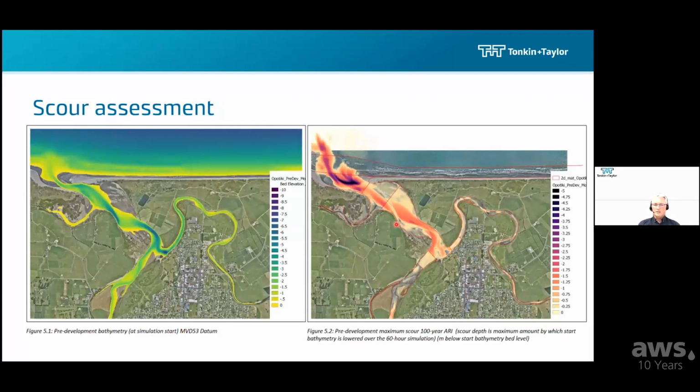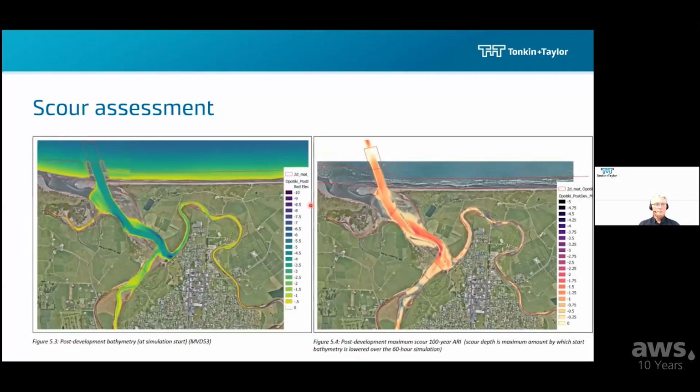We then ran the same sorts of analyses, but for the new river mouth, a closed existing mouth and the new river channel. Now what you can see is the actual amounts of scour or bed deformation is a bit reduced, but then if you look at our start bathymetry, it's from a very nice dredged channel which has lots and lots of capacity. So that's kind of what you'd expect.